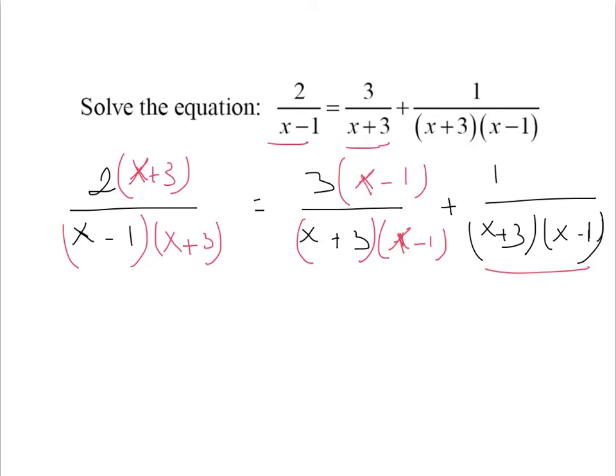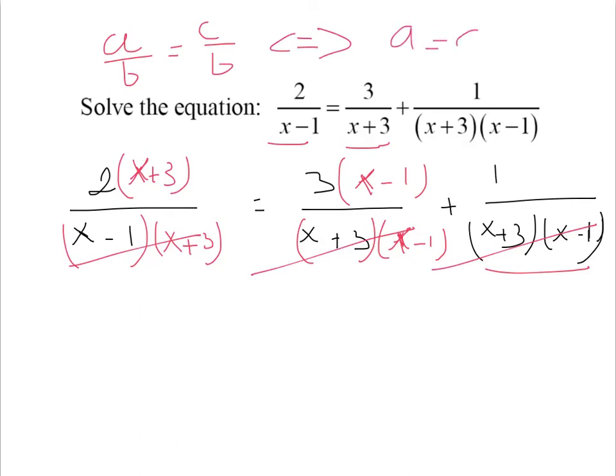Okay? Now, since we have the same LCD and we have equal, we can just eliminate the LCD here. Right? There's a property: if we have a over b equals c over b, that's equivalent to a equals c. We can just eliminate b.